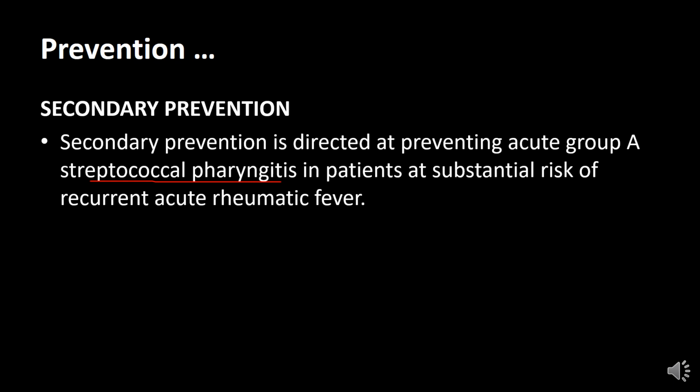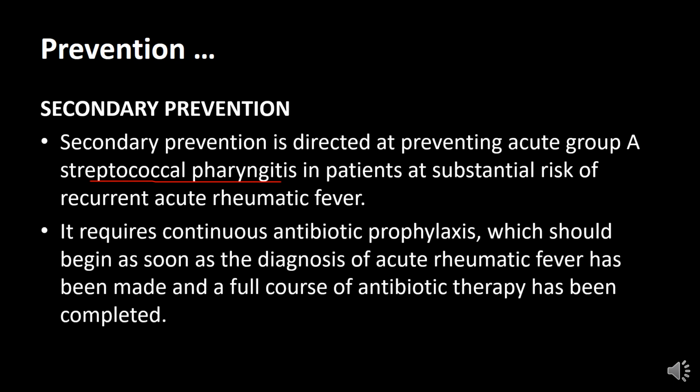And so that is the target. This kind of prevention requires daily antibiotic prophylaxis, and this should start as soon as the diagnosis is made, and it continues, as we shall see, the duration depending on how the patient has presented.